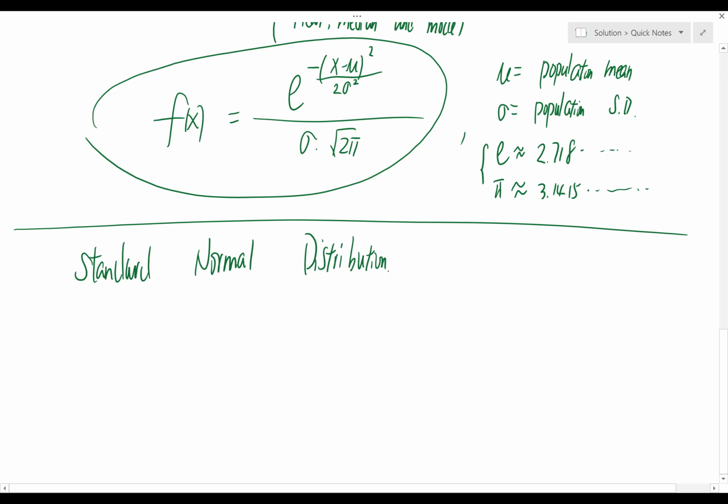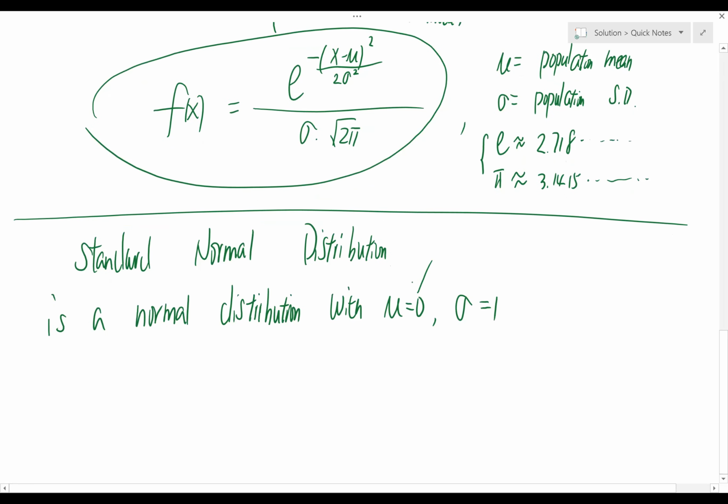It is a normal distribution with mean equal to 0 and standard deviation equal to 1. This is the important thing about the standard normal distribution.